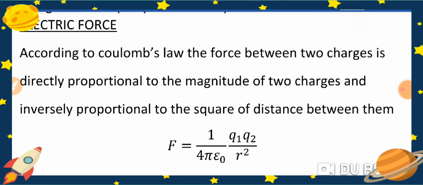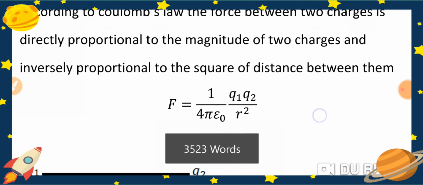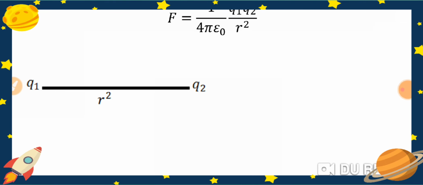On the basis of his experiment, Coulomb says that the force between two charges is directly proportional to the magnitude of the two charges and inversely proportional to the square of the distance between them. As you can see in the figure, let's suppose we have two charges Q1 and Q2.